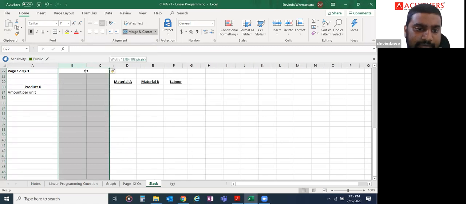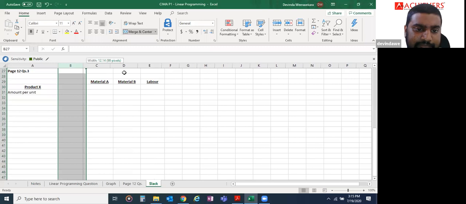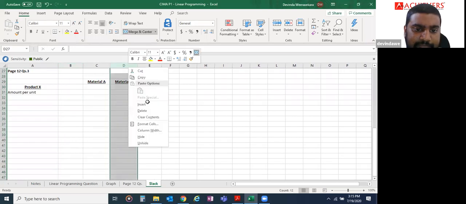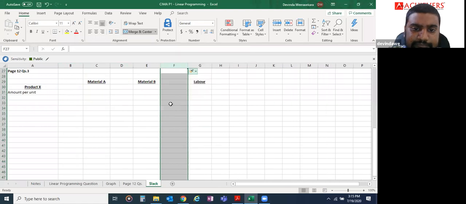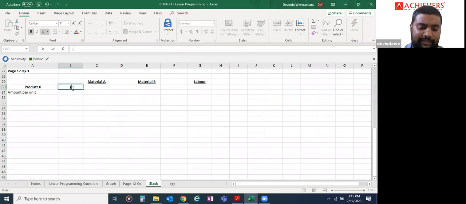I'll put a working column here. Yeah. So that will be $40 per unit divided by $8 per kilo.